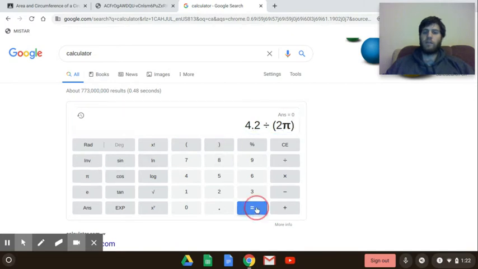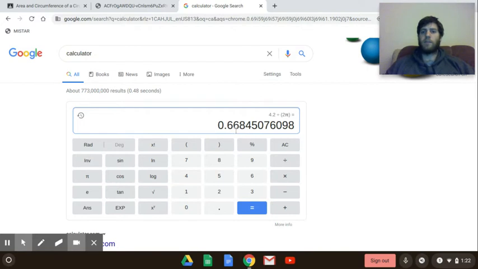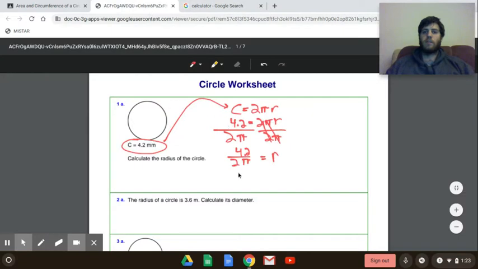Close your parentheses, hit enter, and it says 0.668, so that's about 0.67 millimeters. That is going to be your radius for the circle. Okay, your radius, right? And then that's giving you your circumference.